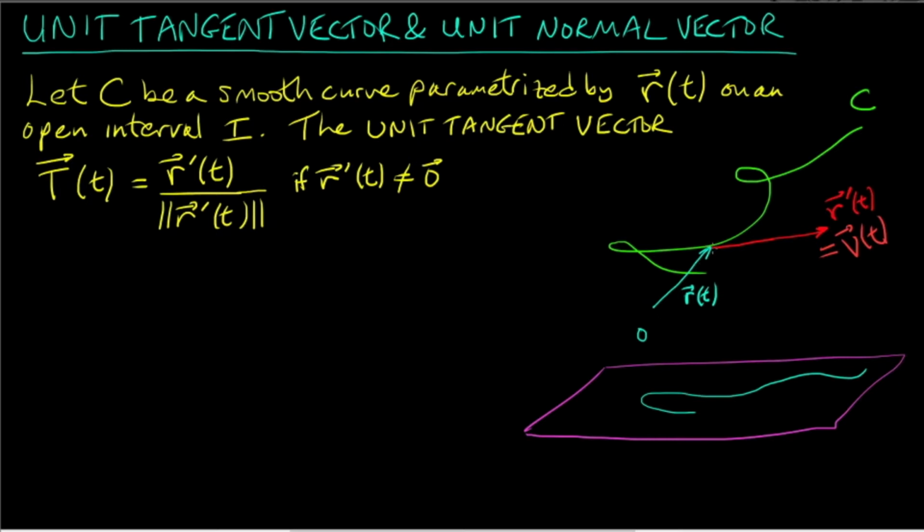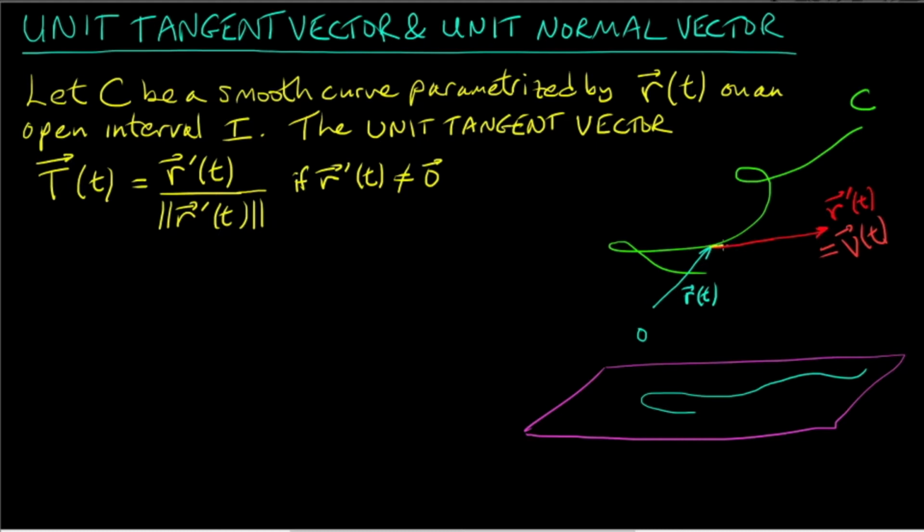And so we would like to make a vector that doesn't change its magnitude, doesn't change its length. We want to make it a standard length. How about 1? So we can always take this red vector and normalize it. That means we can make it a unit vector.